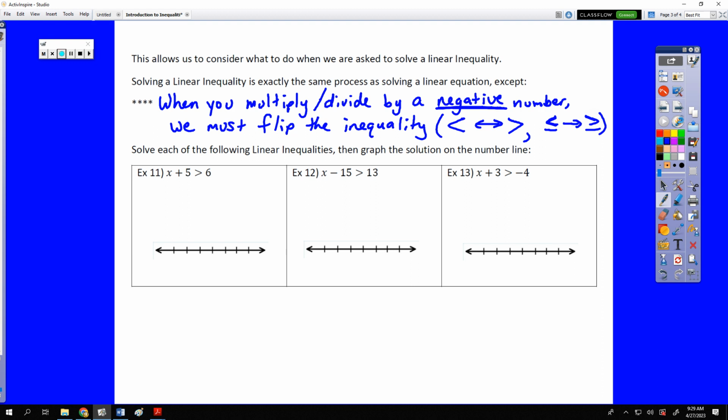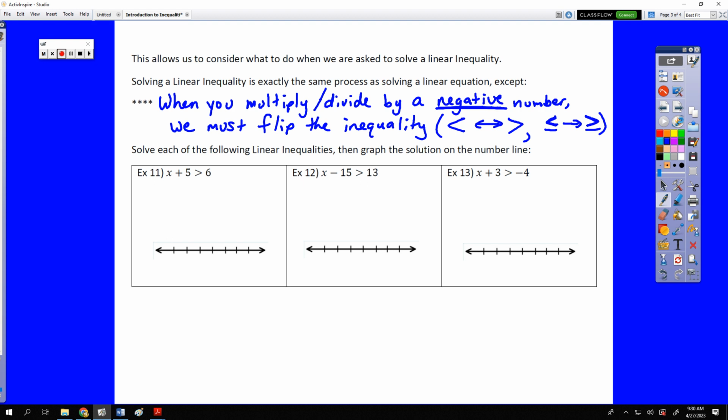So anytime we multiply or divide by a negative number, we have to flip the inequality. Otherwise, this is exactly the same as solving equations, which we have been doing for several months. Okay? So this should be relatively simple.